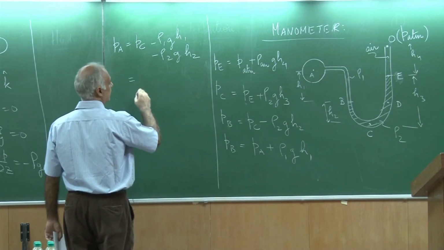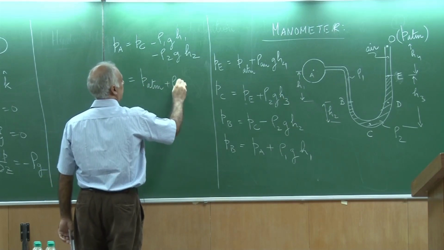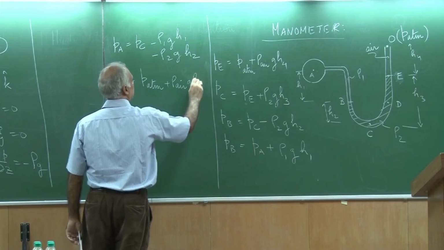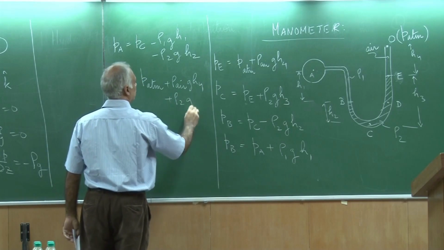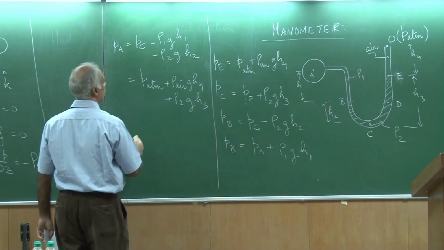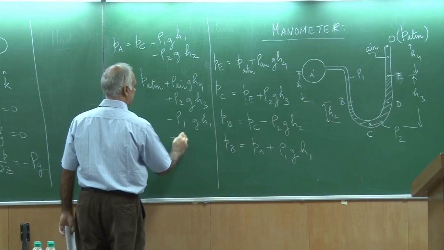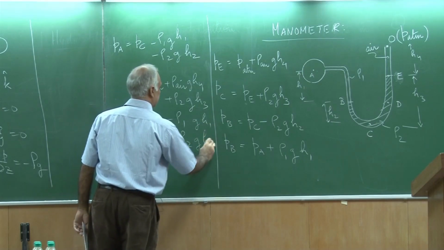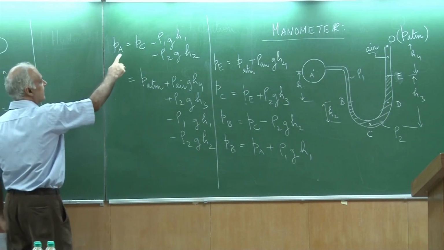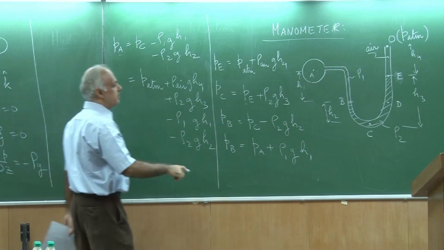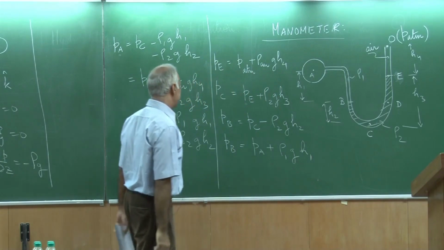So, that is going to be equal to P atmosphere plus rho air G H4 plus rho 2 G H3 minus rho 1 G H1 minus rho 2 G H2. Okay. So, this is the relationship between the pressure inside the bulb A and the atmospheric pressure.